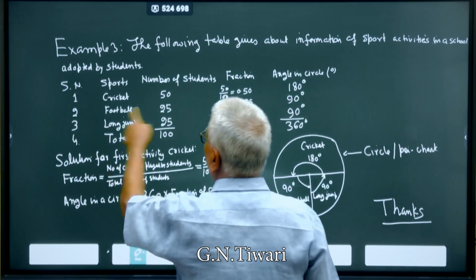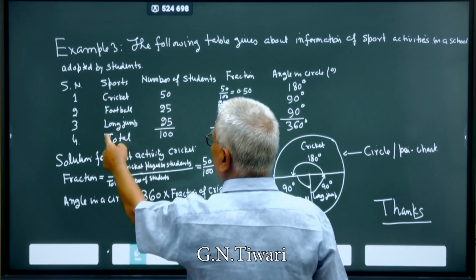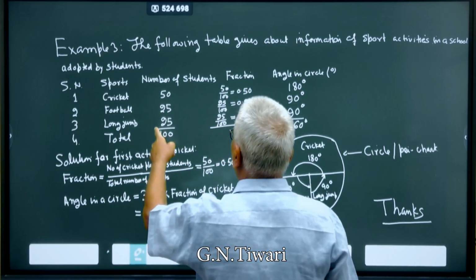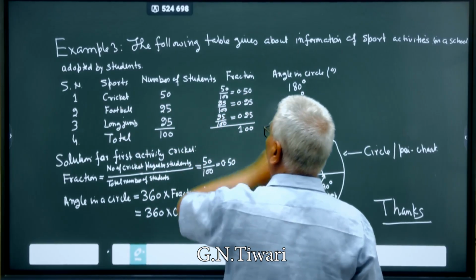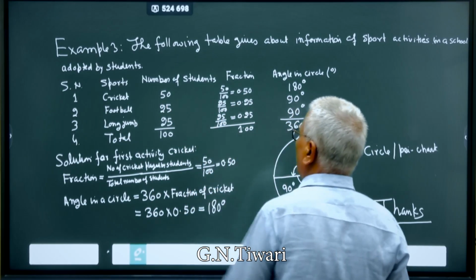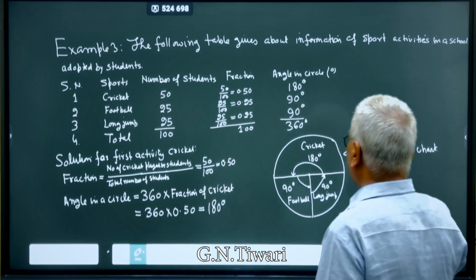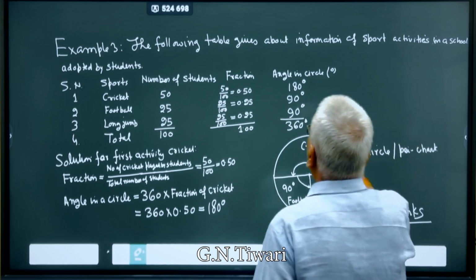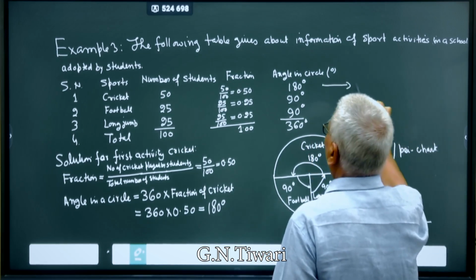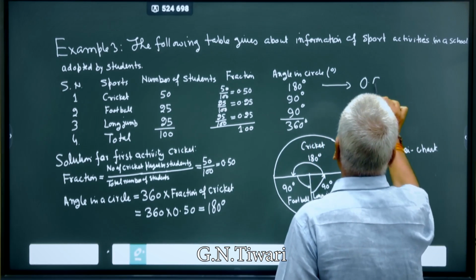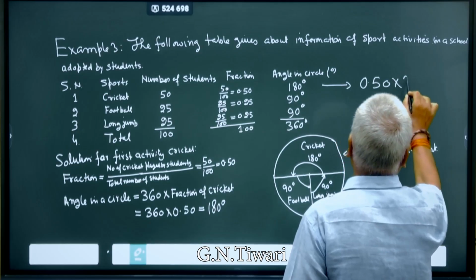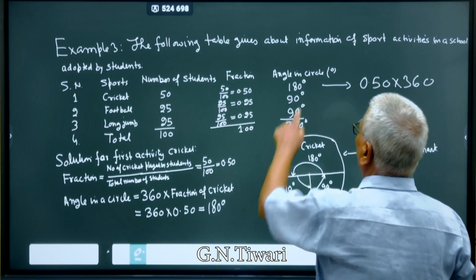देखिए क्रिकेट के लिए 50 है, फुटबॉल 25 है, लॉन्ग जंप 25, total 100 है. फ्रैक्शन क्या, क्रिकेट का 0.50, 0.25, 0.25. But if you want to make an angle for that, so for this you have to multiply fraction into 360. It will come 180 degree.